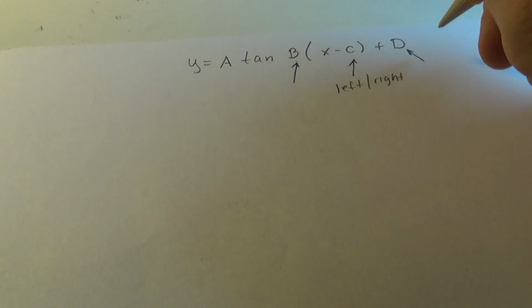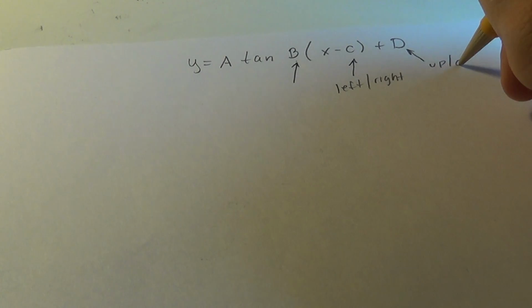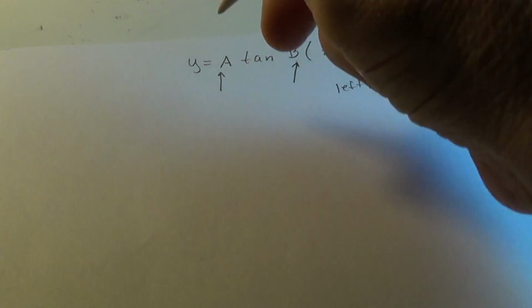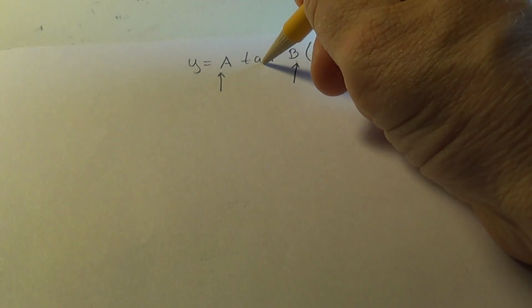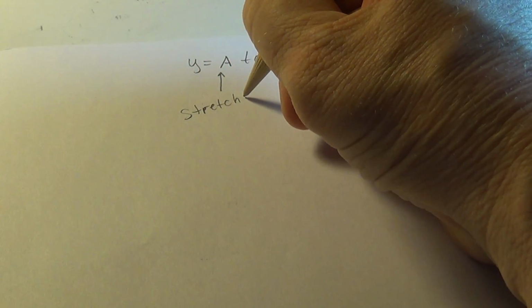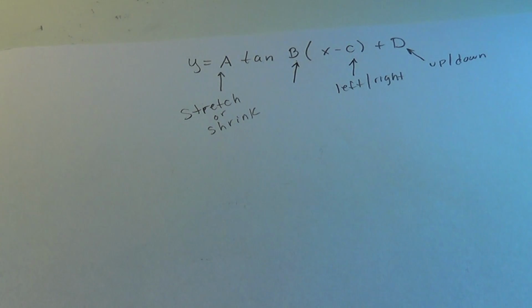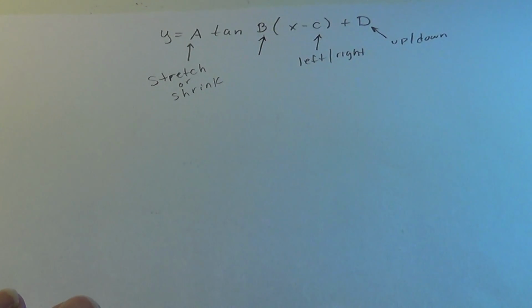And this is up and down. I didn't mention this as being amplitude because it's no longer amplitude, because tangent doesn't have that sort of behavior, but it does affect the graph. And what it does, it's a stretch or a shrink. And I'll show you an example or two so you get an idea of what that A does.